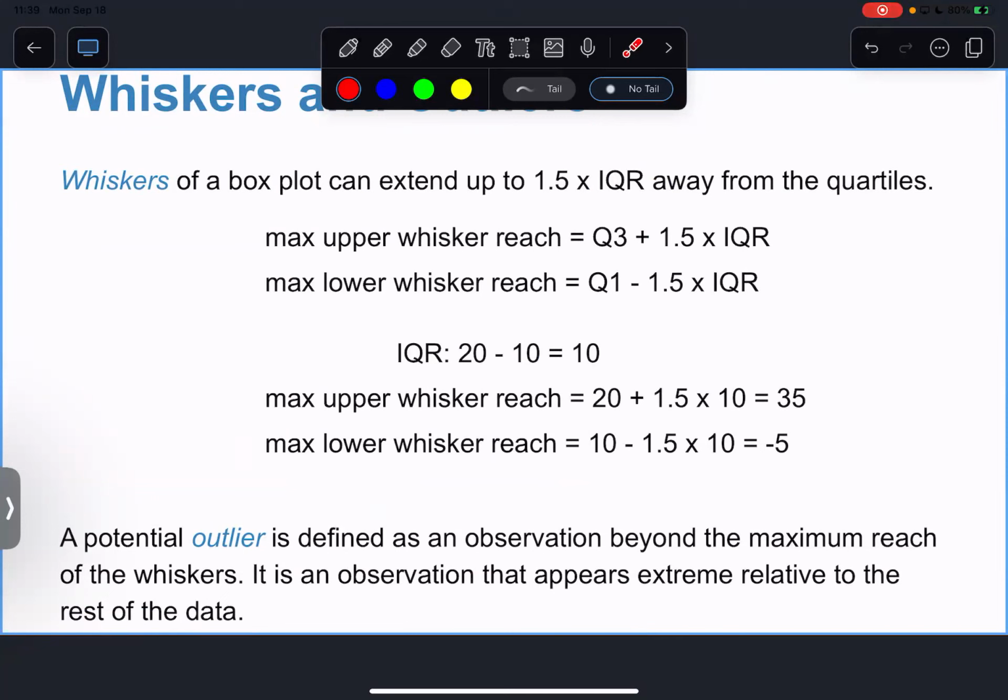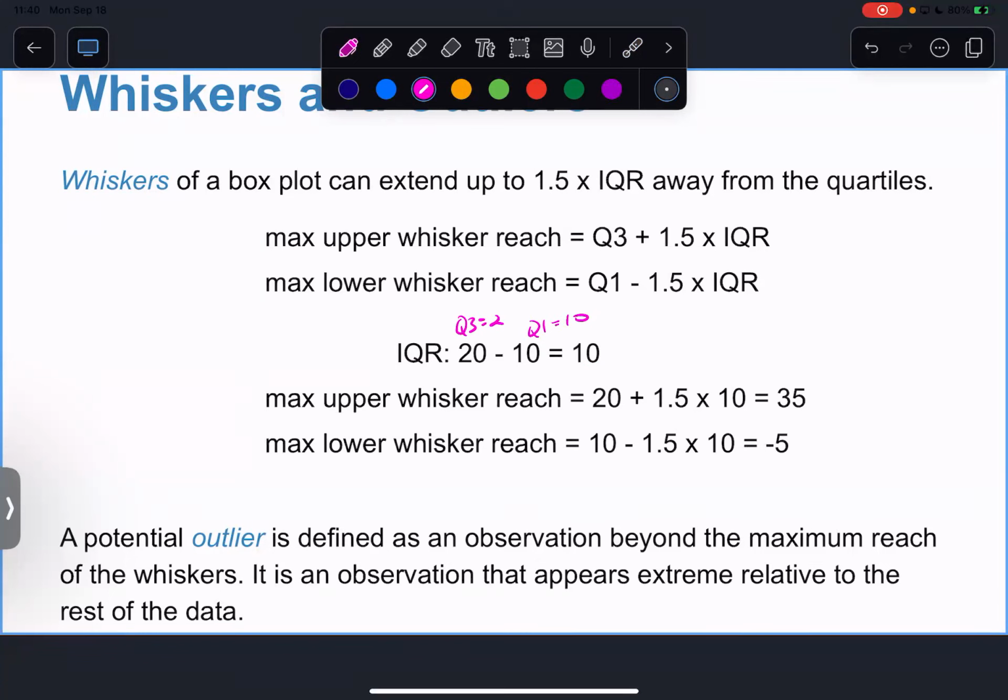What's a little bit of an added layer, let's call it, is that those whiskers, we can calculate the bounds or the max whisker reaches. For example, if we have an interquartile range of 10, just as an example, then what do we have? We have Q3 must be 20 and Q1 must be 10.